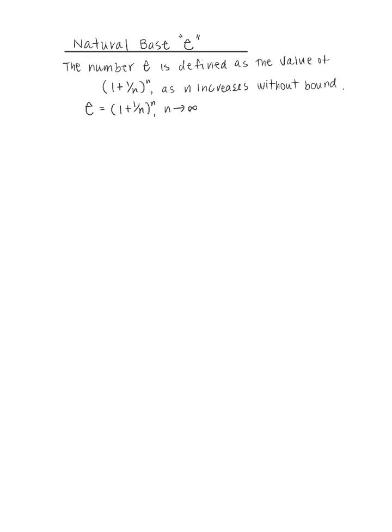In calculus, just in case you're interested, we write it as e equals the limit as n goes to infinity of 1 plus 1 over n to the n. This is the formal definition for e.